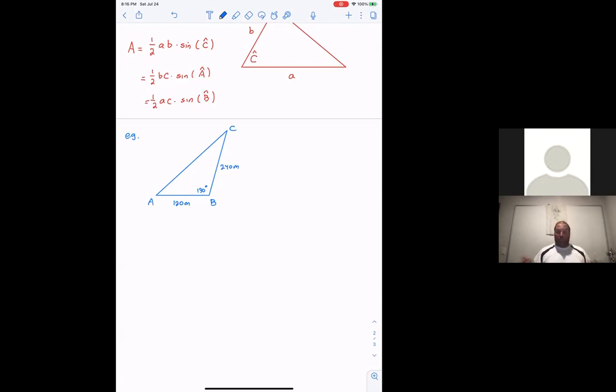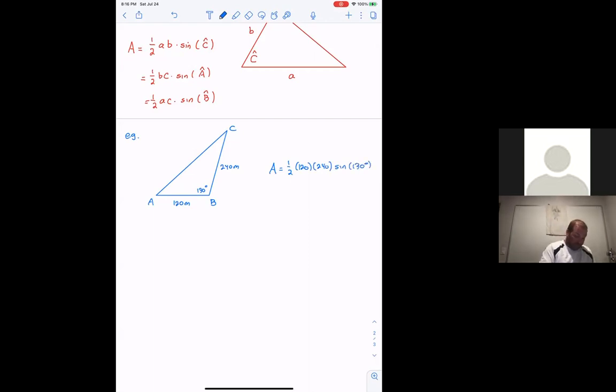So which formula for area will we use in this case? Will we use 1/2 base times height? Well, we don't have the height. Can we get the height? Sure, of course we can. But is there an easier formula to use? Well, we have two sides and the angle in between them. So the area is 1/2 first side, second side, sine of the angle between them.